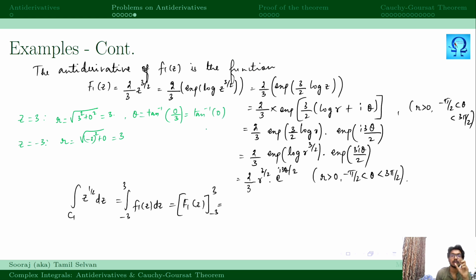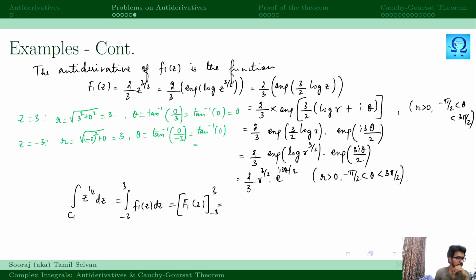I will have to choose a corresponding value in this interval. Here I am going to get tan inverse of 0 upon minus 3, so here also I am going to get the same thing, 0. Is that right? Am I doing it right?